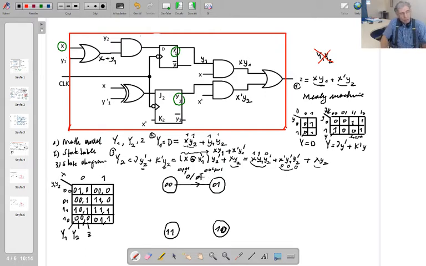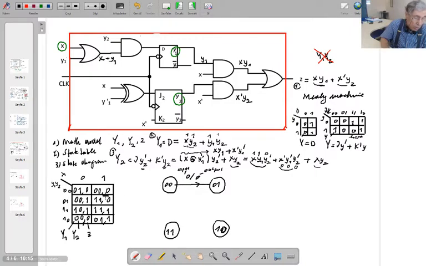Let me say the difference between Moore and Mealy machine. If it is a Moore machine, the z output function depends on your present state independent variables. So you can write the z value underneath here. But in here I cannot write it because my z output function depends on the x variable as well. So for different inputs, I am going to get different outputs, z's. So that's why I put input and output on this arrow.